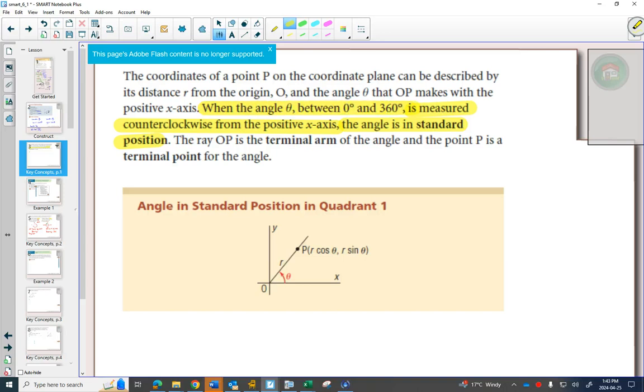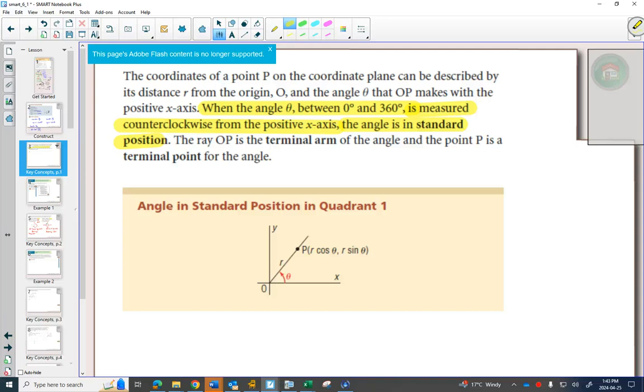So mathematicians want to come up with a way so that if I tell you I have an angle of 35 degrees, you know how to draw it the same way I'm imagining it.